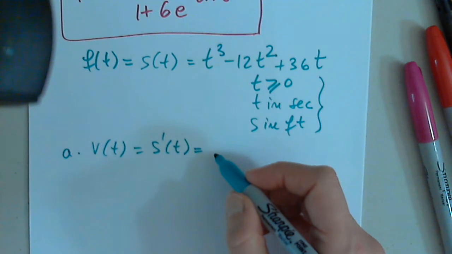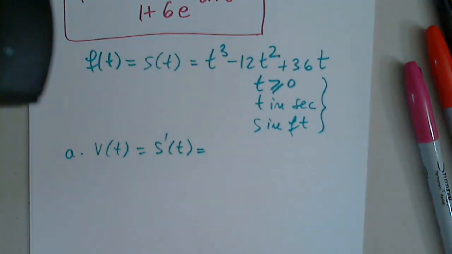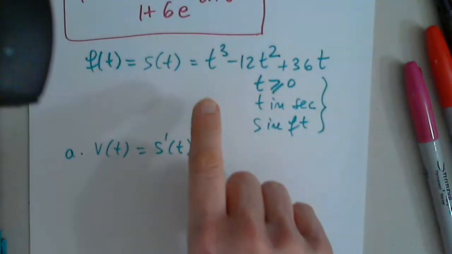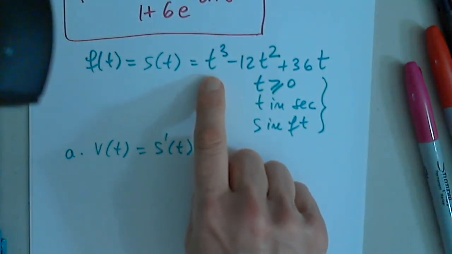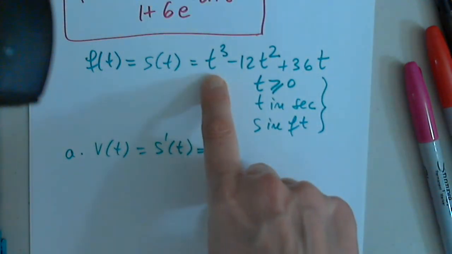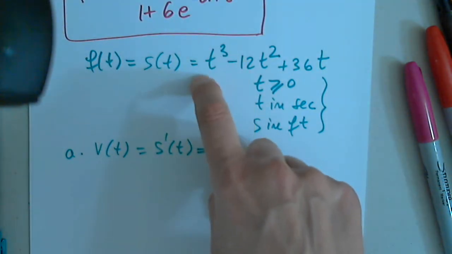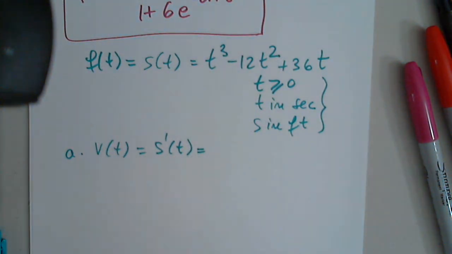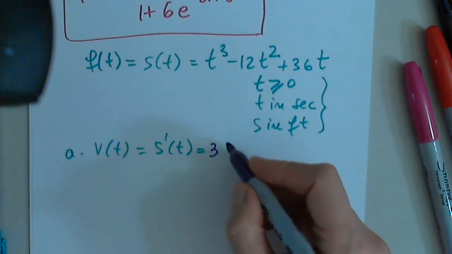T squared minus 11t. How do we differentiate t cubed? What are we doing? How do we differentiate t cubed? Yes. We bring 3 in front. So three, yes, 3t.